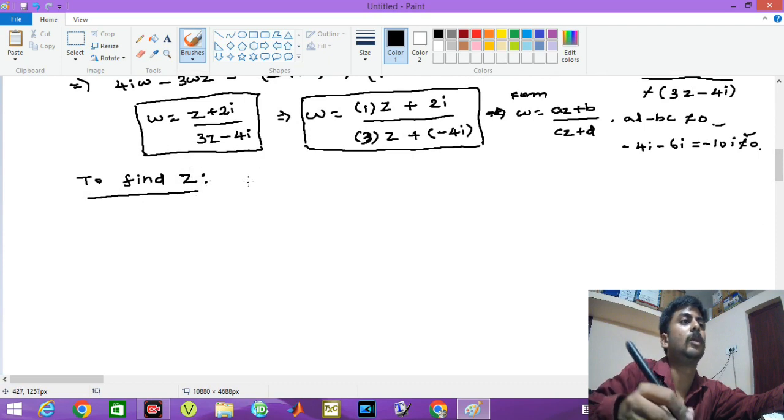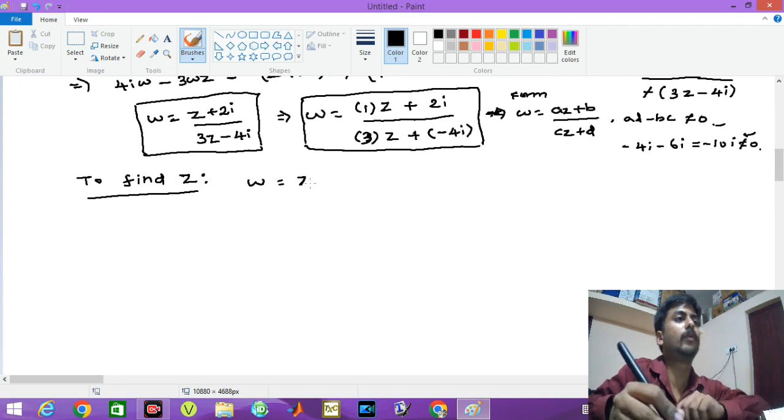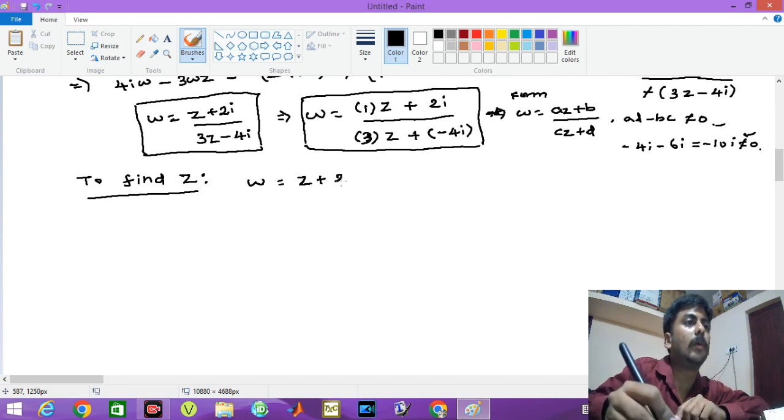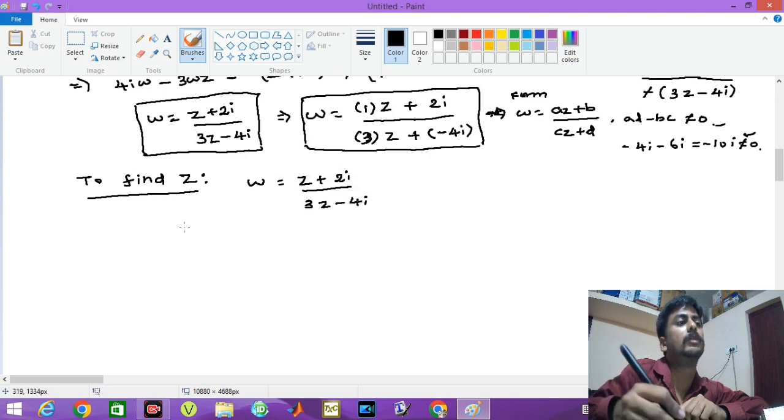To find z, we are considering the equation w equal to z plus 2i divided by 3z minus 4i. So we shall cross multiply. Now we have to get z on the left hand side and all the terms on the right hand side.